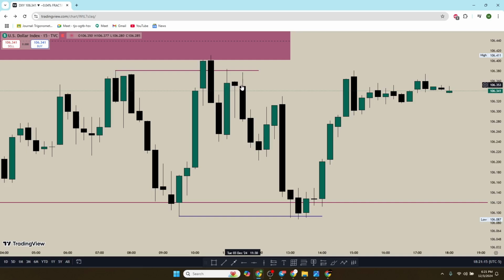Notice how we have the bodies here. But more importantly, where is this 11 a.m. candle trading to? It's trading slightly back above this same exact old high. Why is price doing that? Because it's a greedy market.